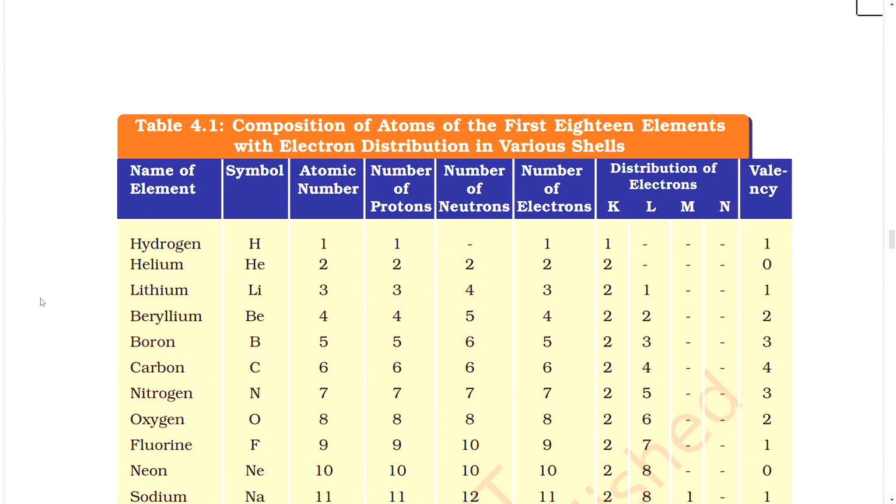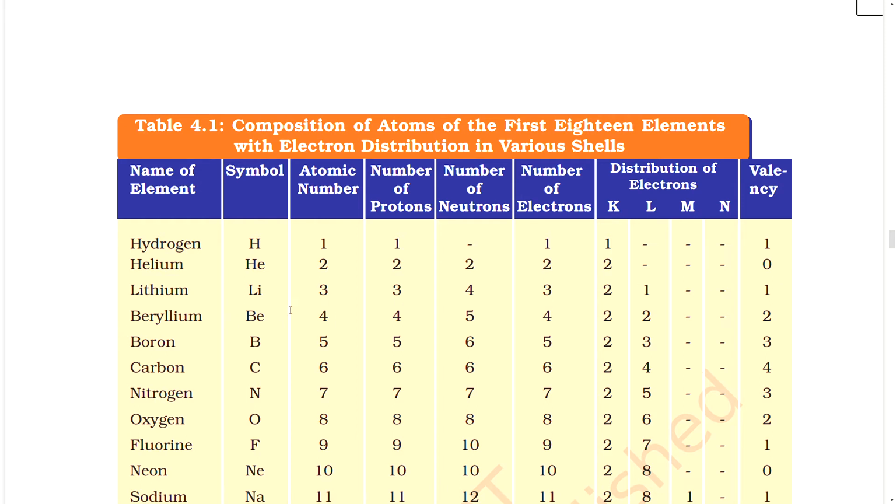Table: composition of atoms of the first 18 elements with electron distribution in various cells. Name of element, symbol, atomic number, number of protons, number of neutrons, number of electrons, distribution of electrons K L M N, valency. Hydrogen, H, 1, 1, 0, 1, 1, valency 1. Helium, He, 2, 2, 2, 2, 2, valency 0.